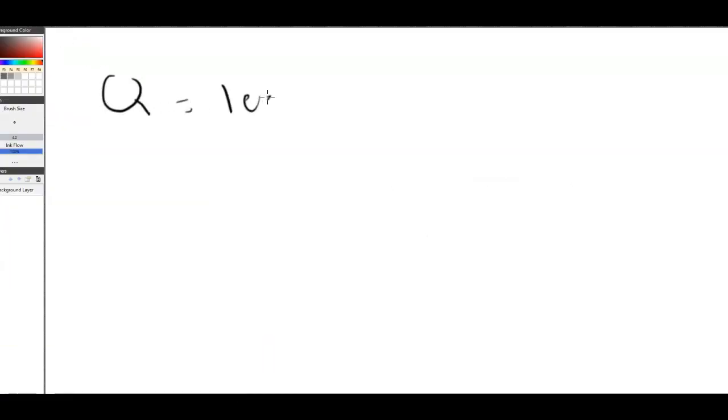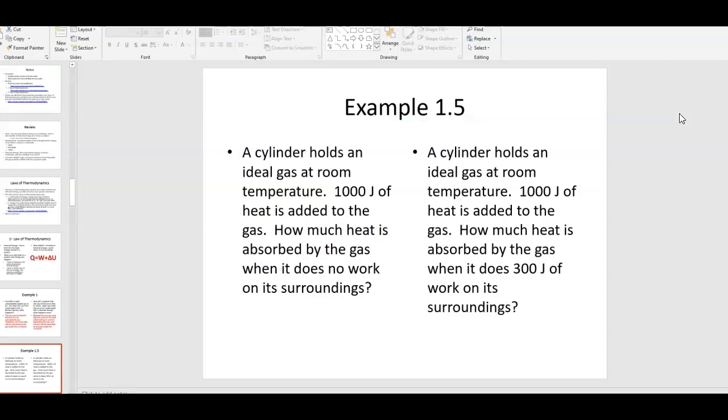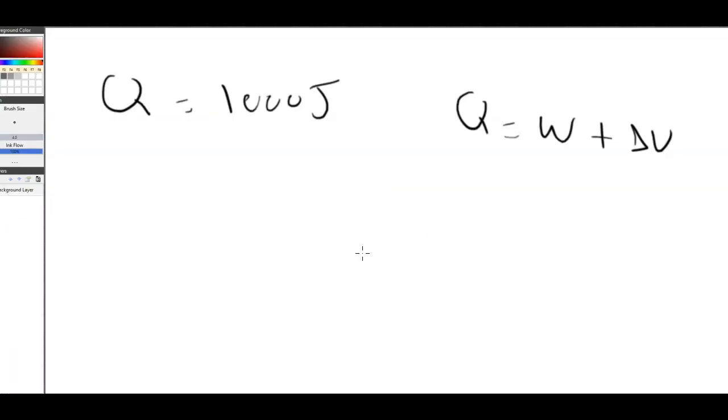Q equals 1,000 joules. And I'm just going to write the first law over here, Q equals W plus delta U. Now we're also told that no work is done on its surroundings. Maybe it's made of some unbreakable material. Okay, if there's no work done on the surroundings, that means W is 0.